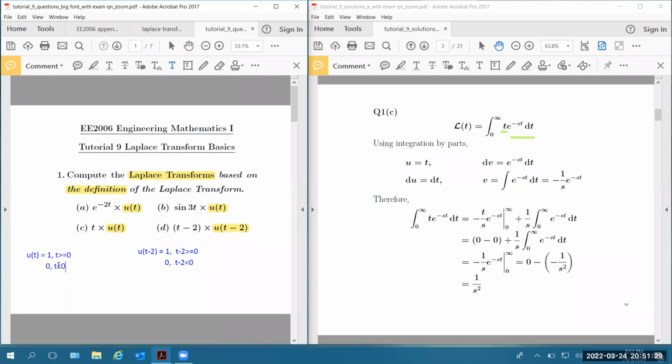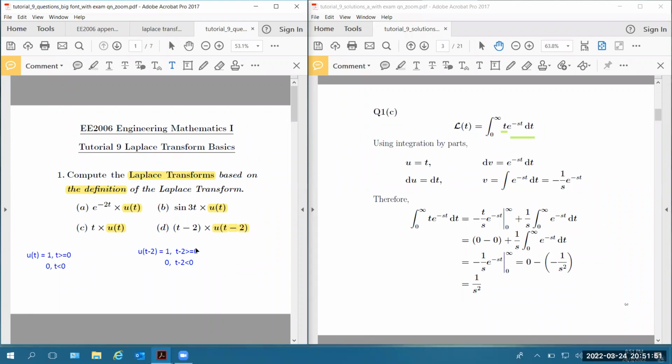Based on this, the argument must be greater or equal to 0, then it's 1. Now our argument here is t minus 2. So for this to be 1, your t minus 2 must be greater or equal to 0. In other words, that means t greater or equal to 2.